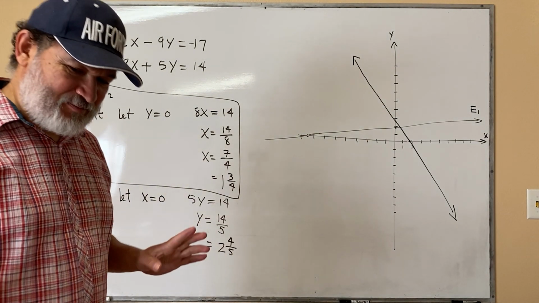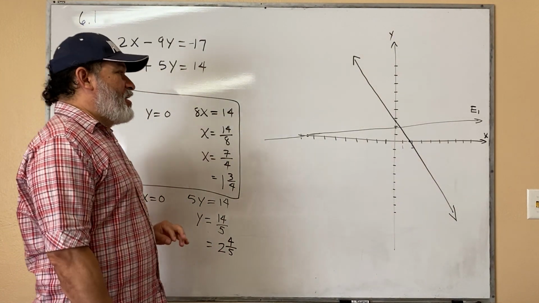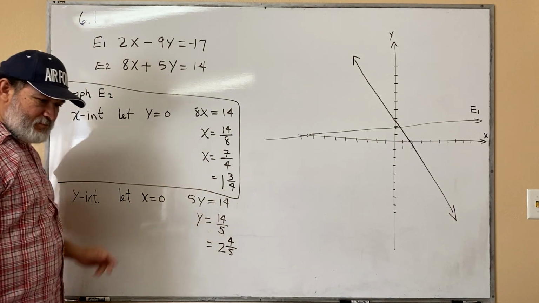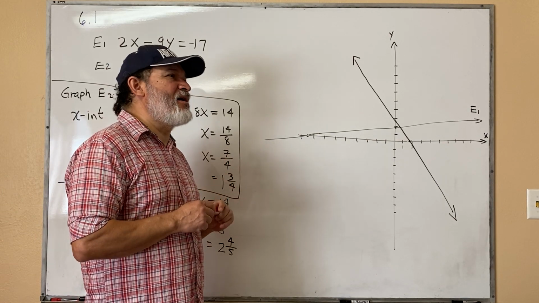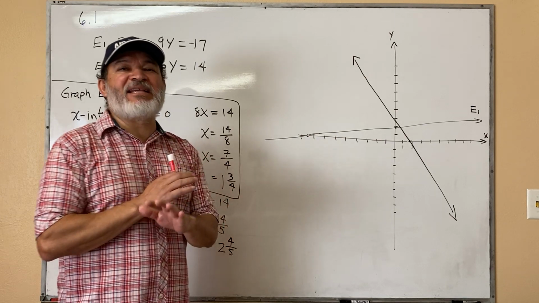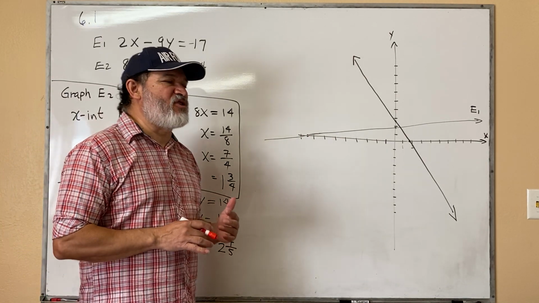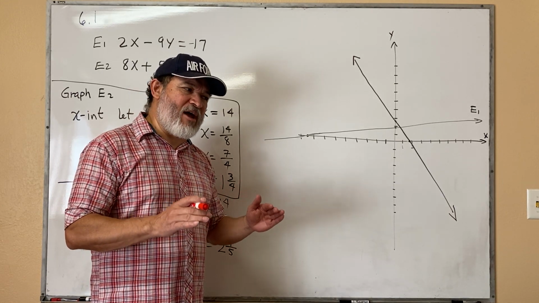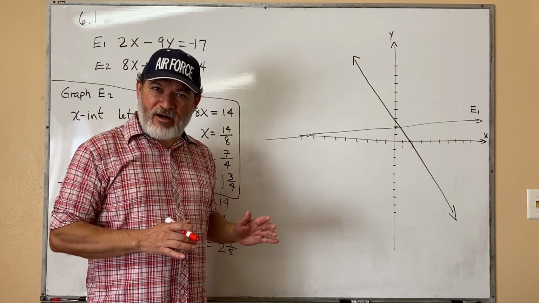Now, the purpose of 6.1 is to find where both lines intersect. The way I've taught this in the past is I've said that wherever both lines intersect, there is a party there.